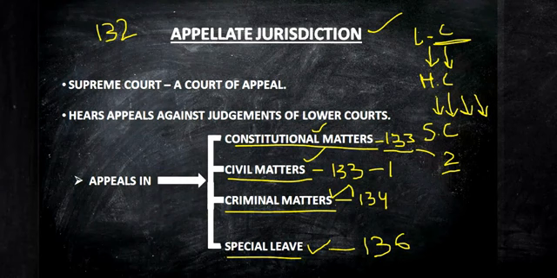So whatever the cases are being trialed under the military court and whatever the judgments have been given by that military court, those particular judgments cannot be appealed in Supreme Court by the provision of appeal by special leave. Is it clear? This is the one and only exemption under appeal by special leave.